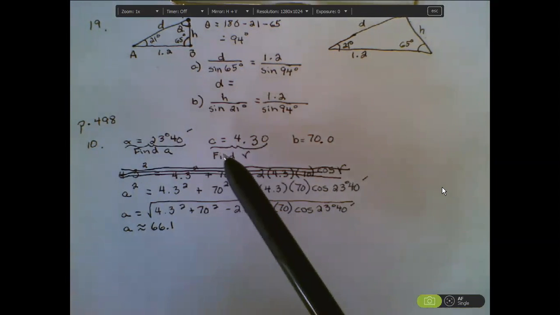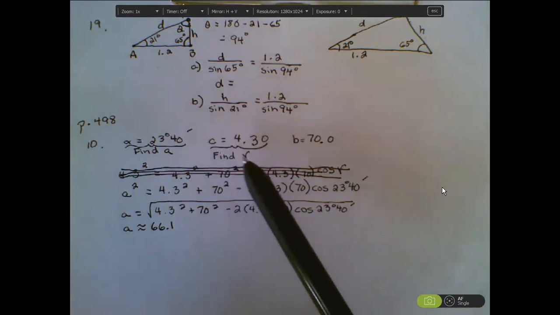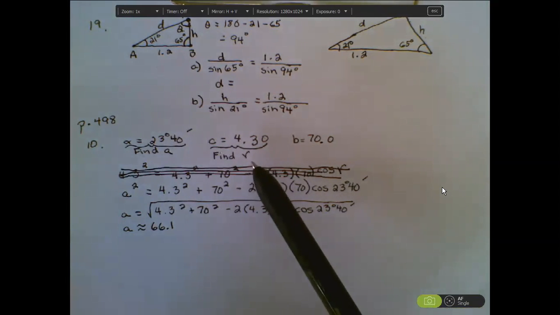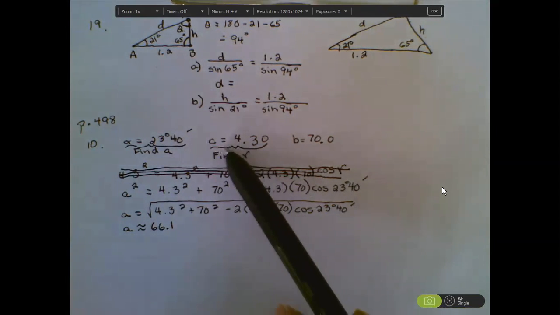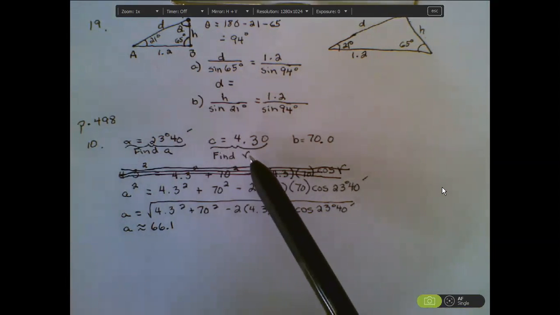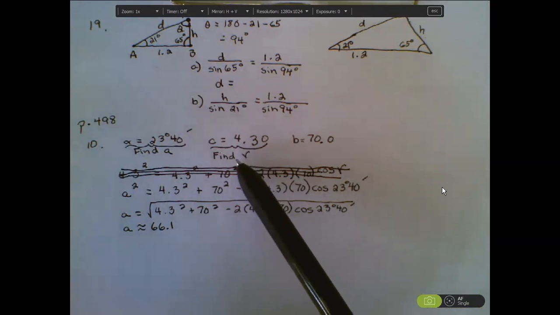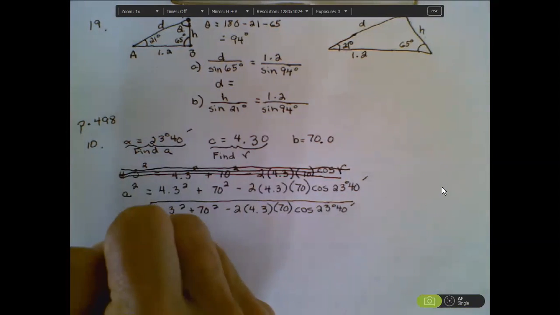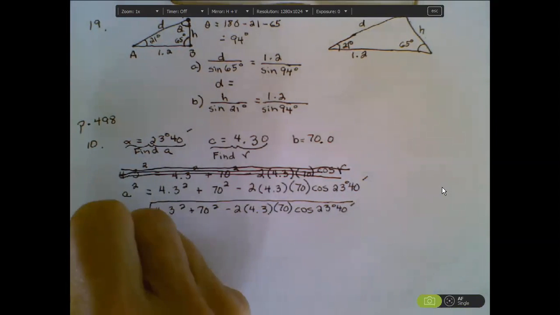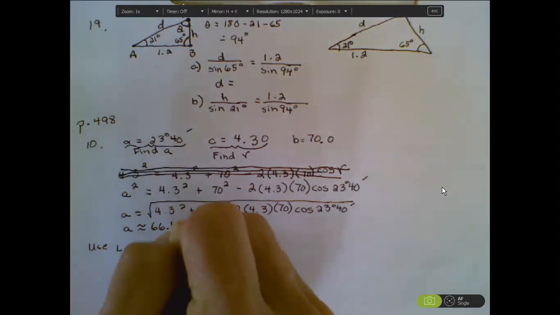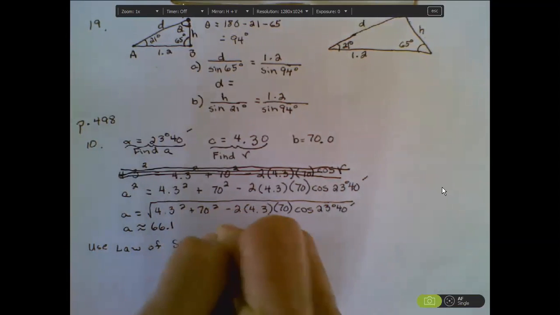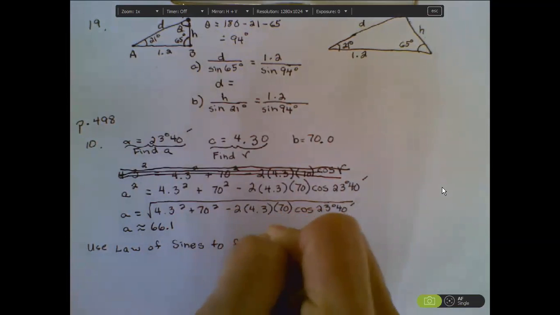But if I use the law of sines to find gamma first, the angle opposite the shortest side has to be an acute angle, and that eliminates the ambiguous case. So use the law of sines to find gamma.